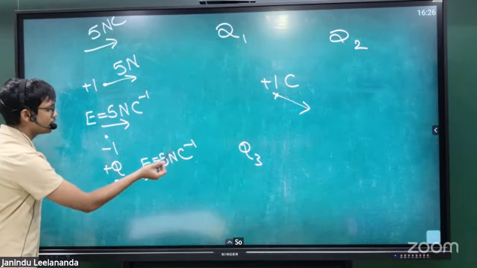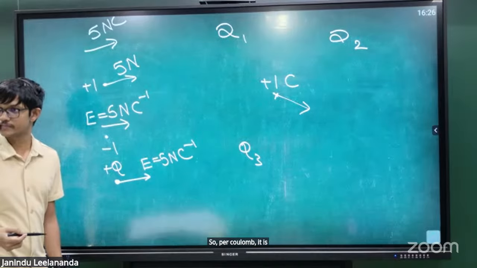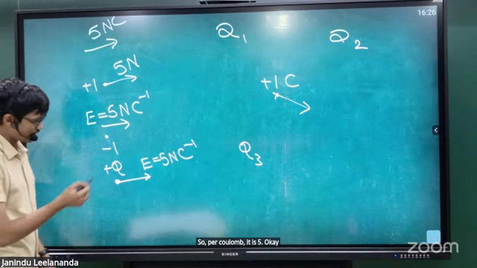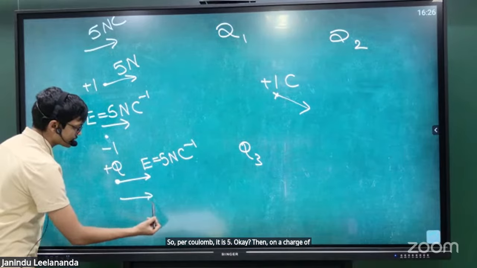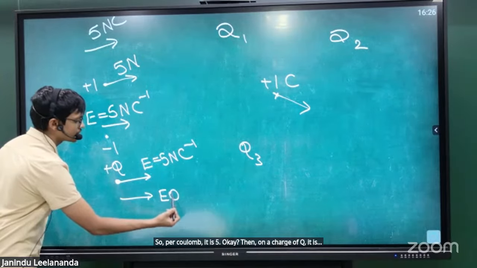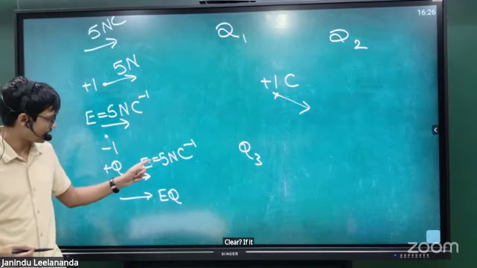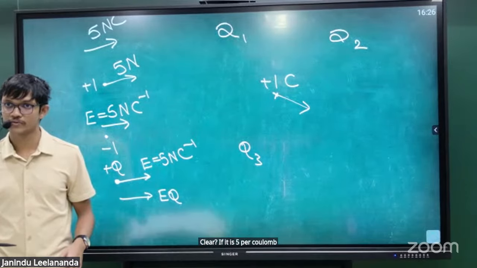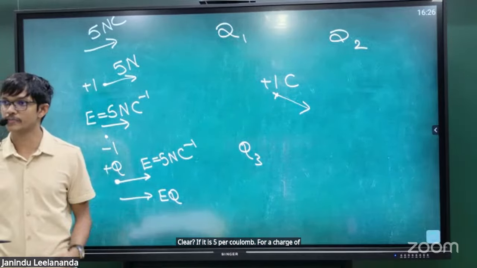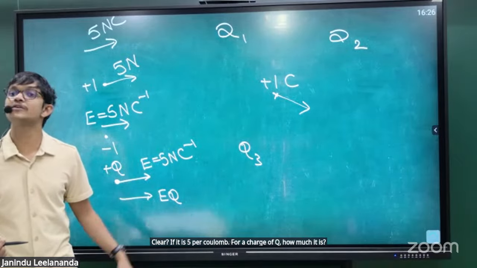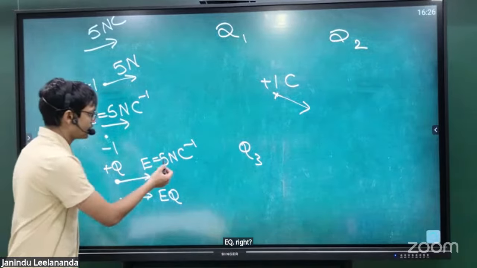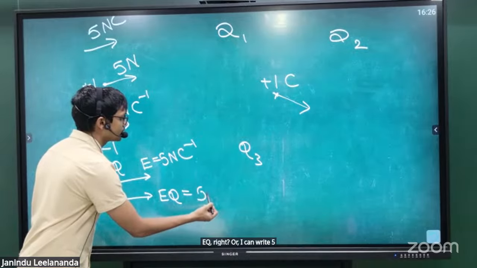Per coulomb it is 5. Then on a charge of q it is E into q, or I can write 5 into q.